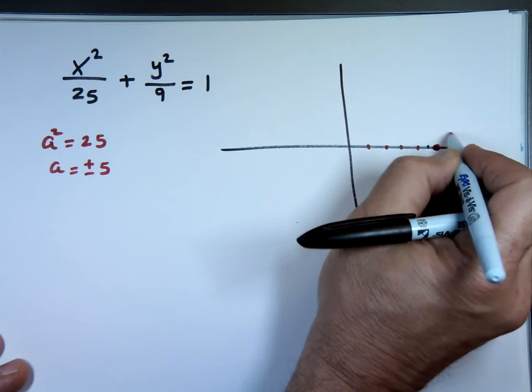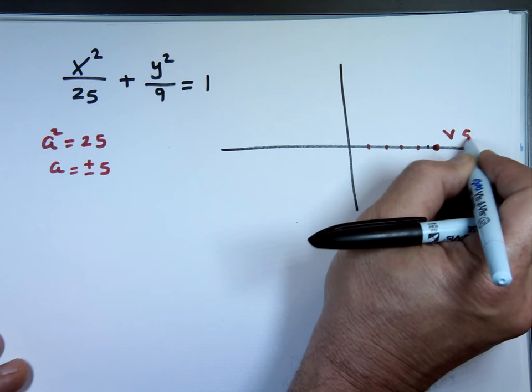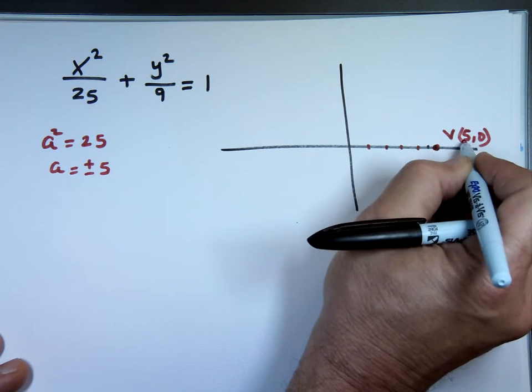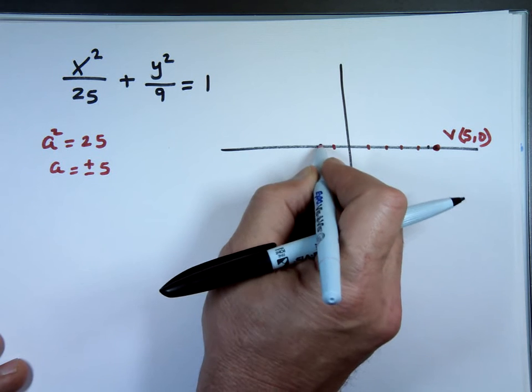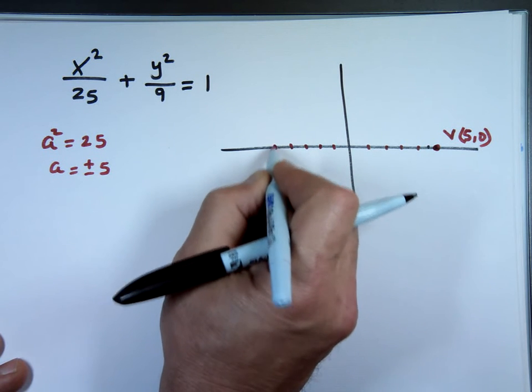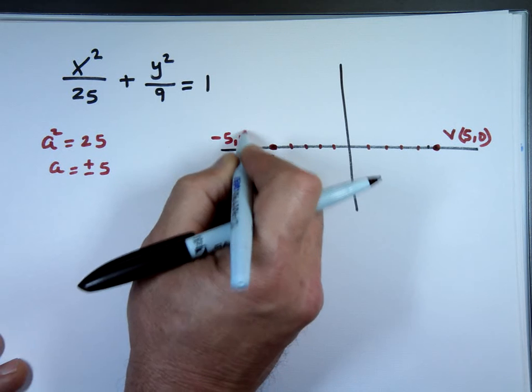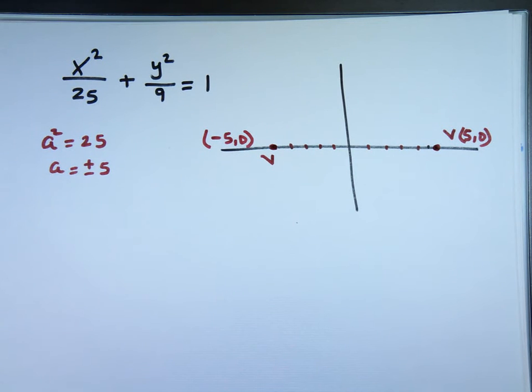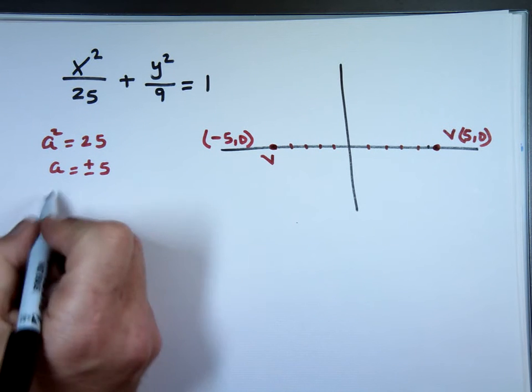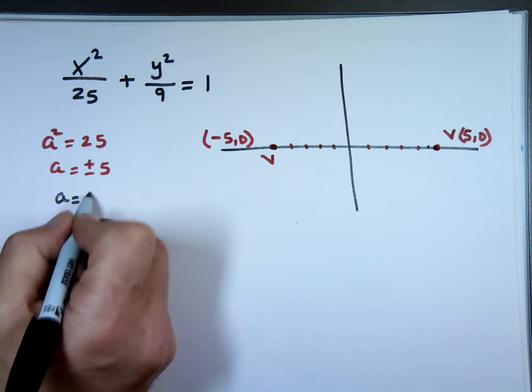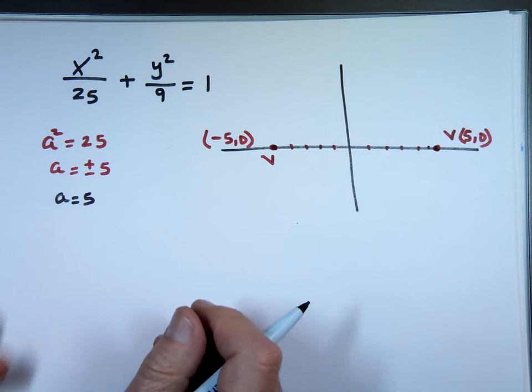This is the vertex, which is what? 5, 0. That's one of them. There's another one here. 1, 2, 3, 4, 5. Right here. This is negative 5, 0. So A is 5, positive and negative.